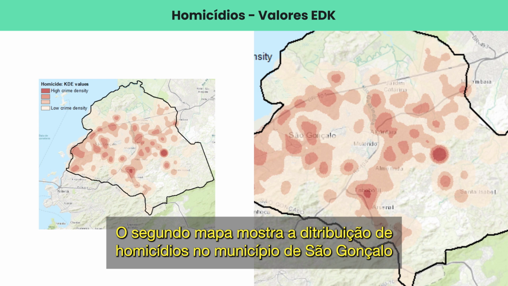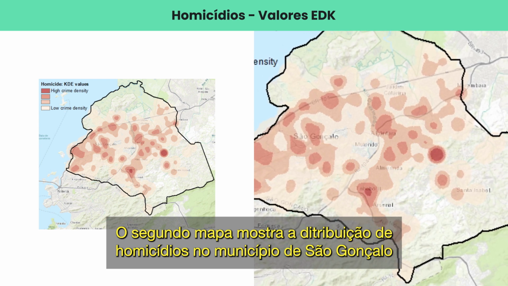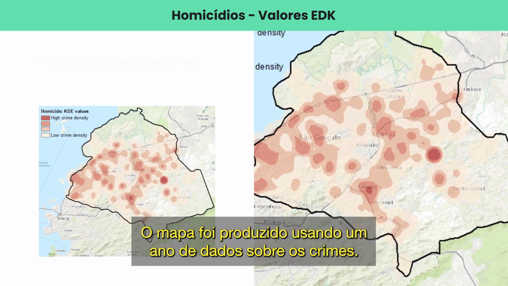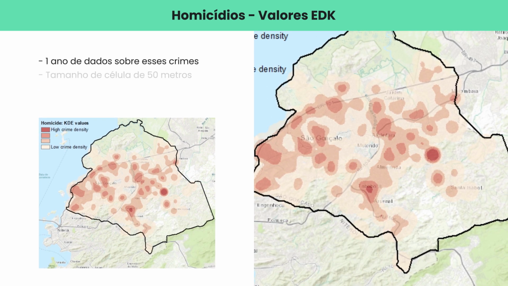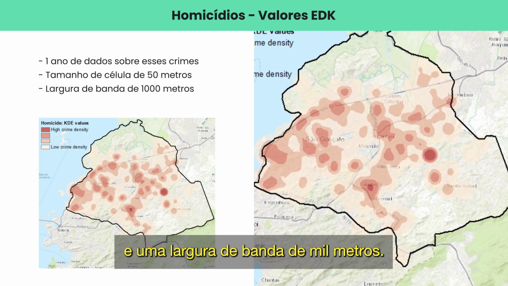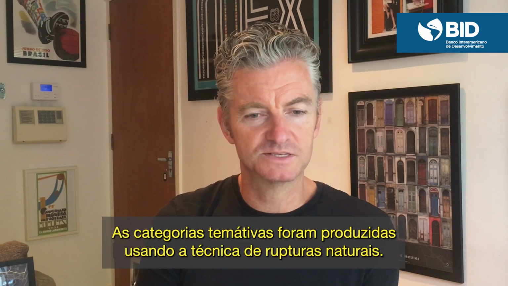The second map shows the distribution of homicides across the municipality of São Gonçalo in the state of Rio de Janeiro. The map was produced using 1 year of crime data, a cell size of 50 meters, and a bandwidth of 1,000 meters. The thematic categories were produced using the natural breaks technique.